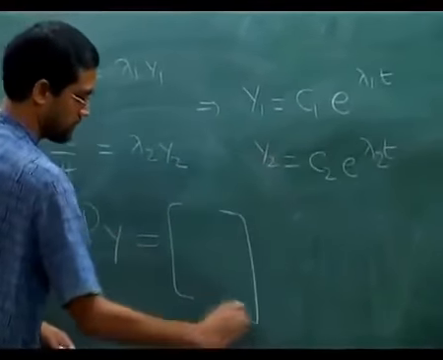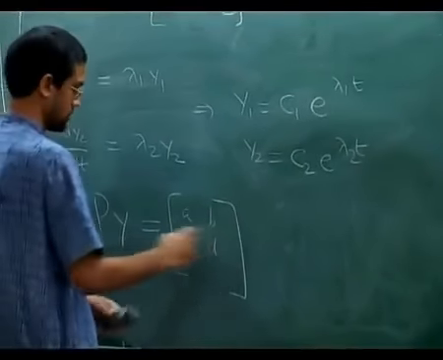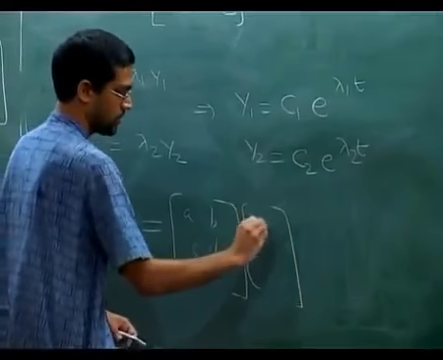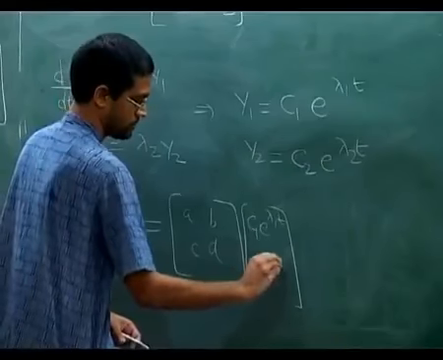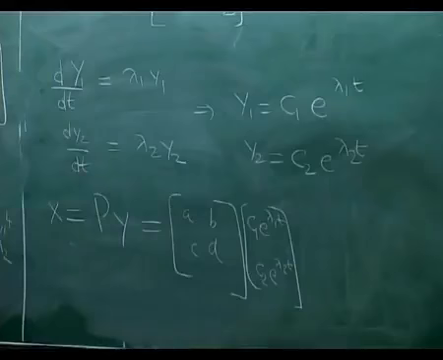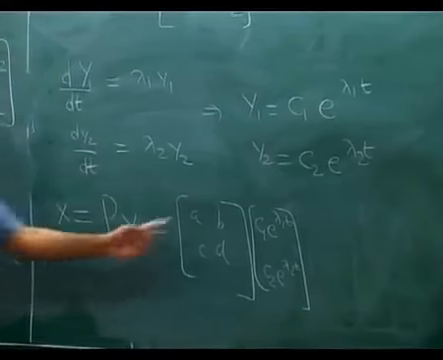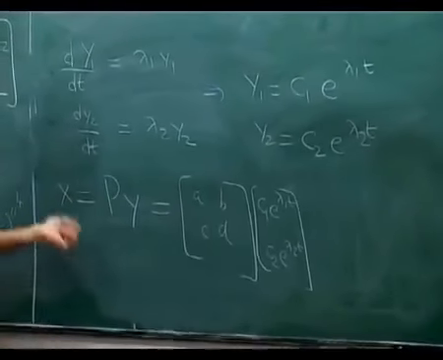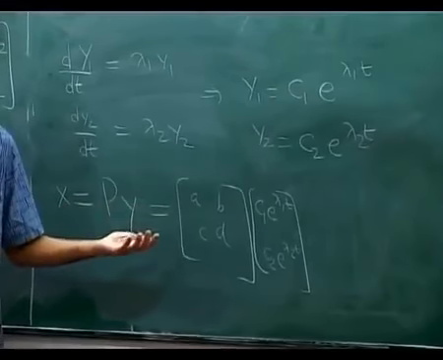So P is some 2 cross 2 matrix, some a b c d, times what does y look like? Y is y1, y2. So y1 is c1 e to the lambda 1 t, and y2 is c2 e to the lambda 2 t. Okay, so that is the form of the answer. I don't know P, of course. P has 4 entries. There will be the eigenvectors, but from here I can at least see what the form of the answer looks like, right?